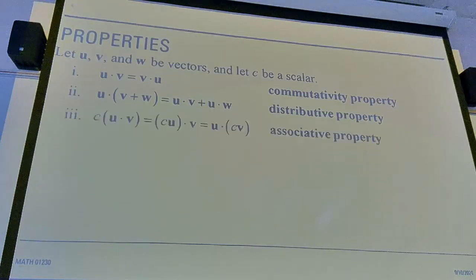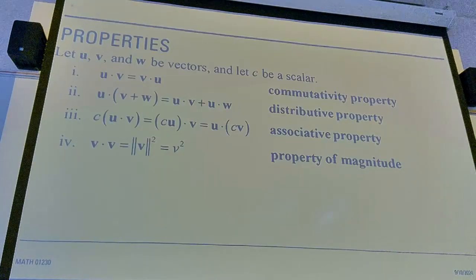It is associative with scalar multiplication. You take any vector, dot it with itself, it's the square of the norm.